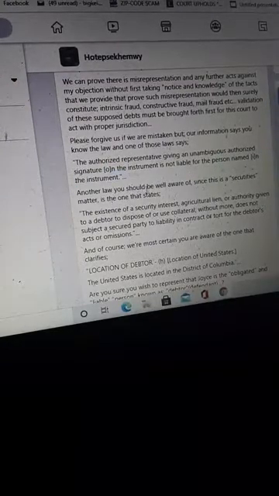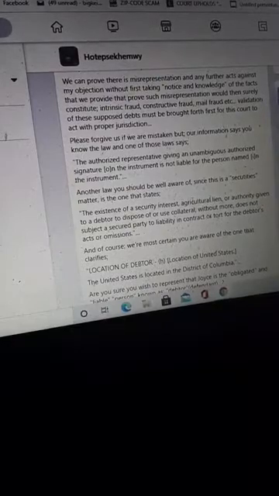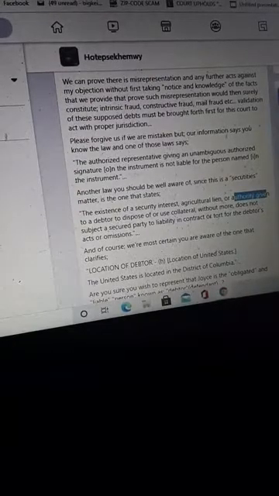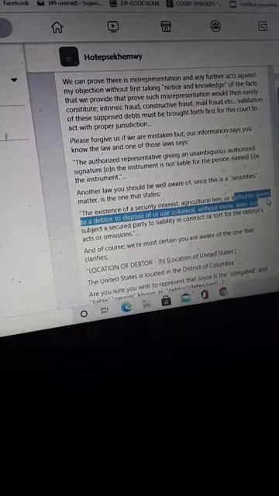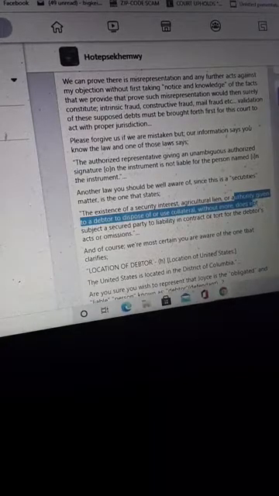Another law you should be well aware of, since this is a securities matter, is the one that states the existence of a security interest, agricultural lien, or authority given to a debtor to dispose or use collateral without more.